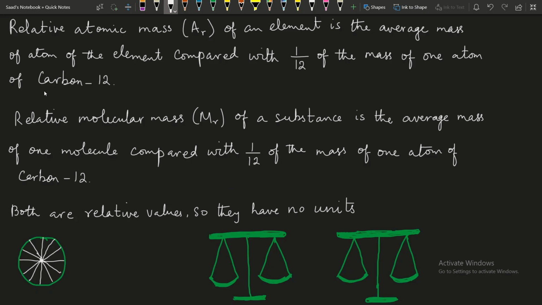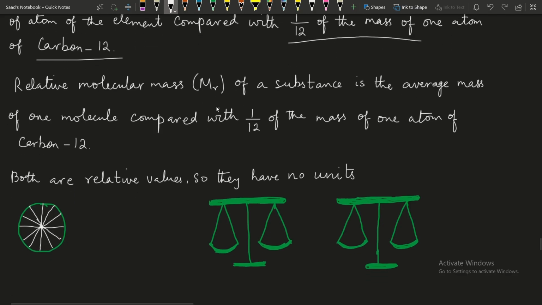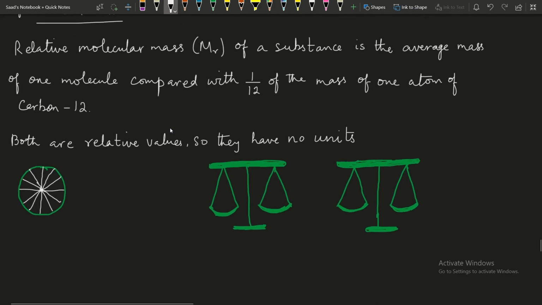And what have we taken as a standard reference? We take carbon-12. With carbon-12 we can compare other elements. For example, we are comparing with 1/12 of the mass of one atom of carbon-12. That means if you divide the mass of carbon, which is 12, into 12 equal pieces, one small part will represent 1 unit.